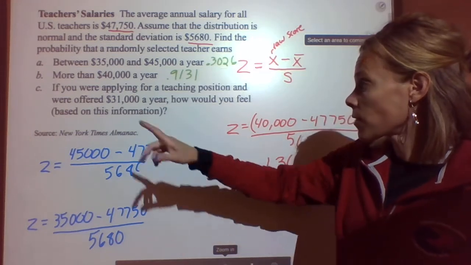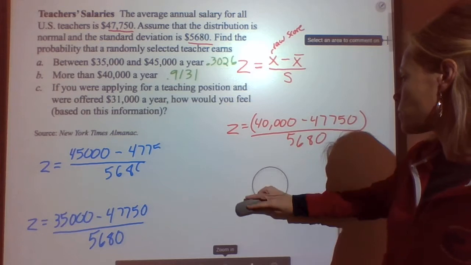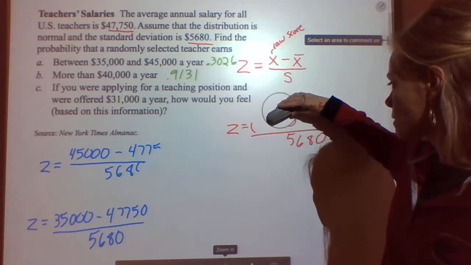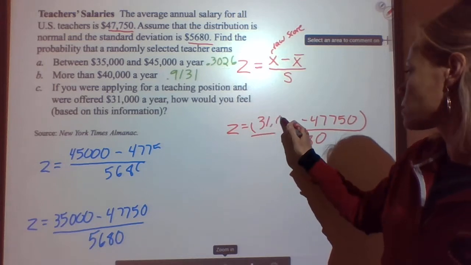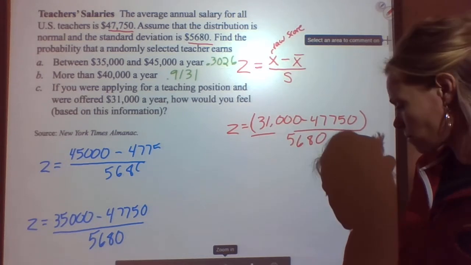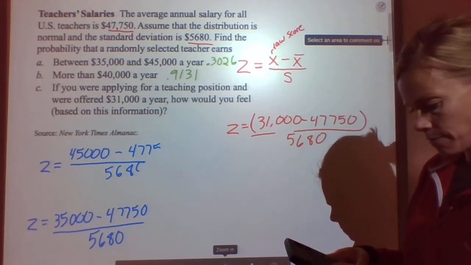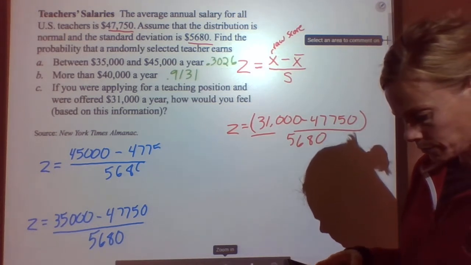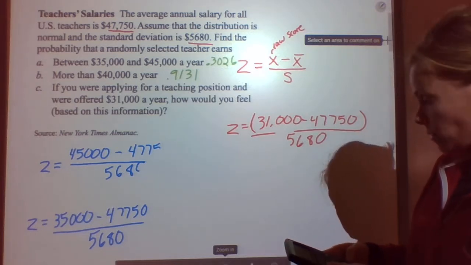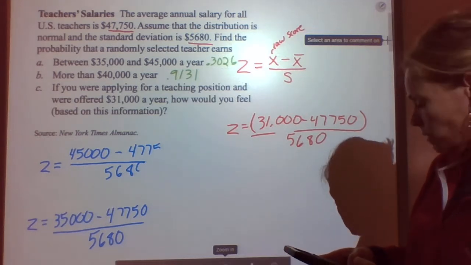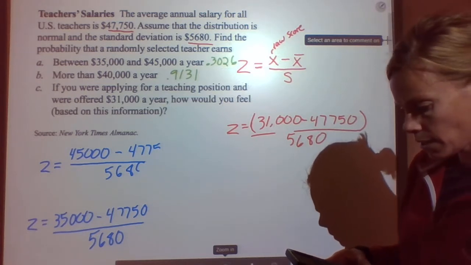If I convert 31,000 to a z-score, 31,000 minus 47,750 divided by 5680 is negative 2.95.